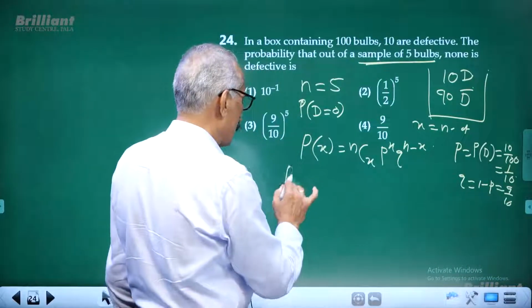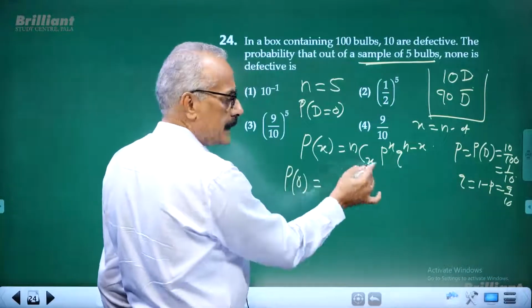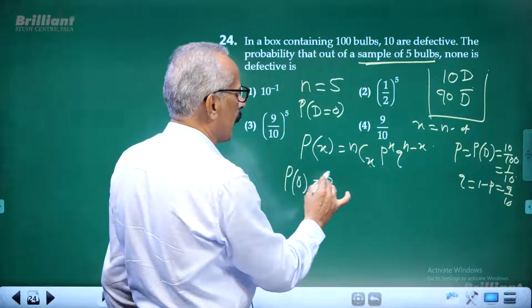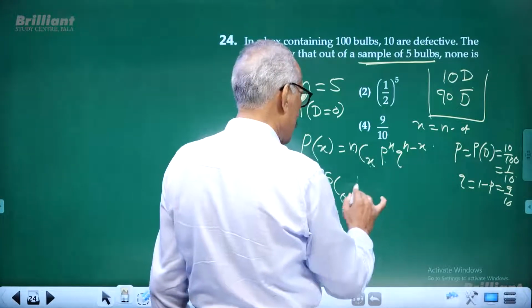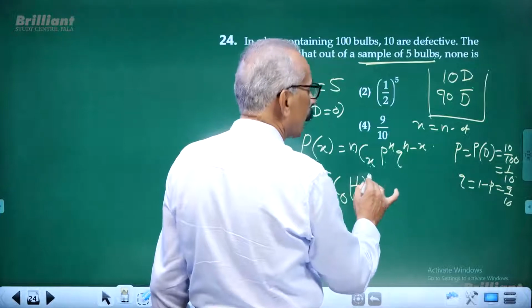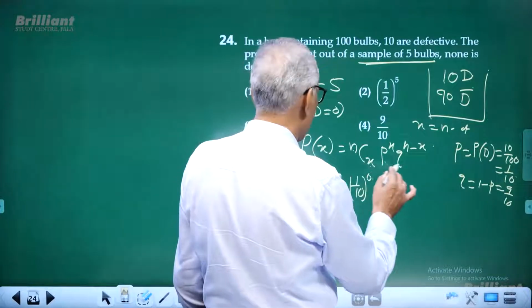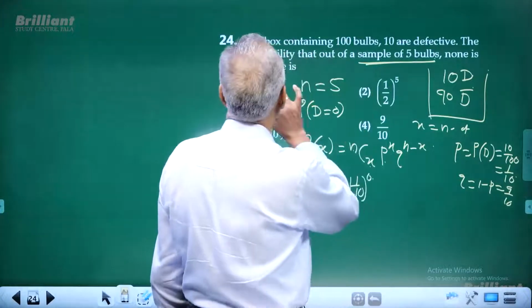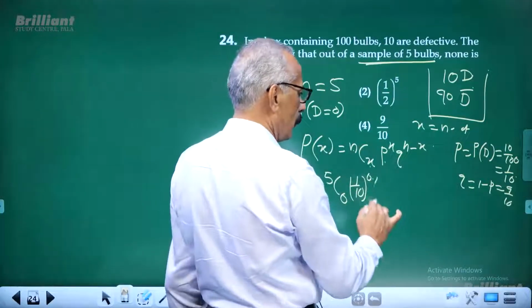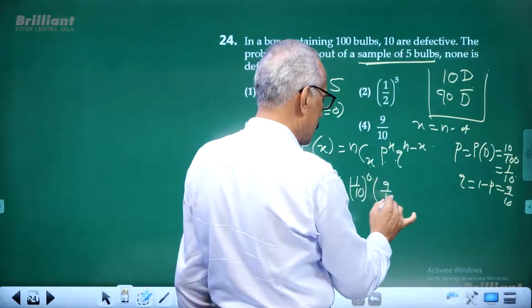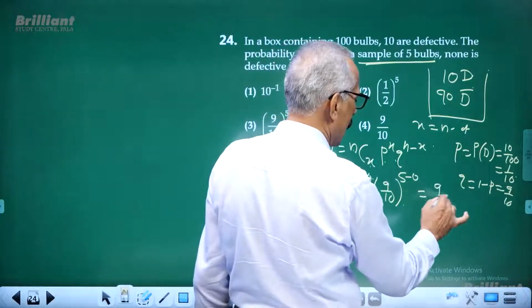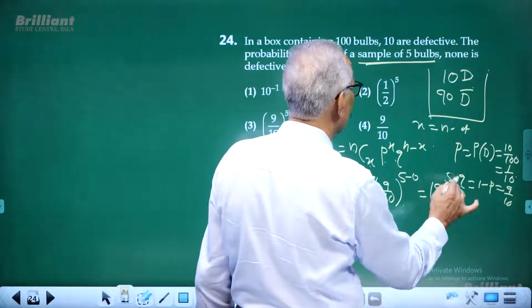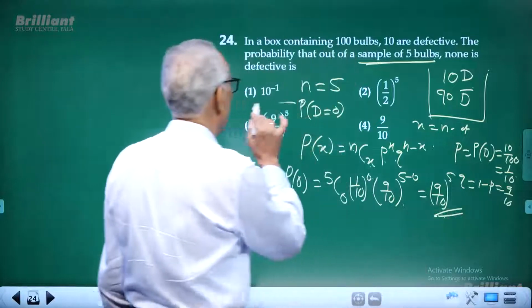Well, you want P0. nCx means 5C0, into p, probability of this one, 1 by 10 raised to 0. None is defective, so that is 0. Into q, 9 by 10, the whole raised to 5 minus 0. The answer is 9 by 10, the whole raised to 5.